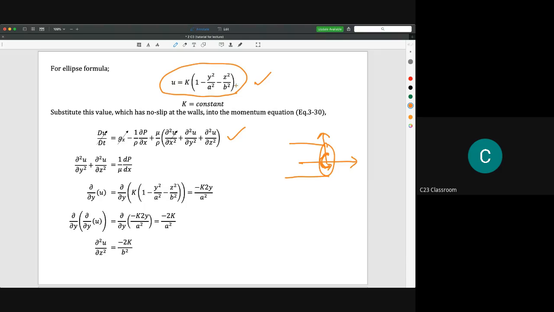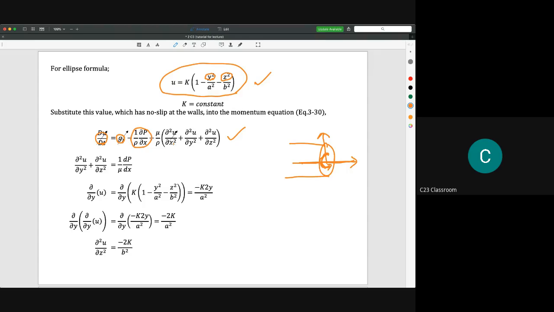Because the question here only consists of y and z, the parameter of x is not influenced at all. So we could simplify the Navier-Stokes equation for the x direction here. Let's say this is the z direction. Let's say gravity is not influenced, so it is a steady flow, and the pressure might exist.